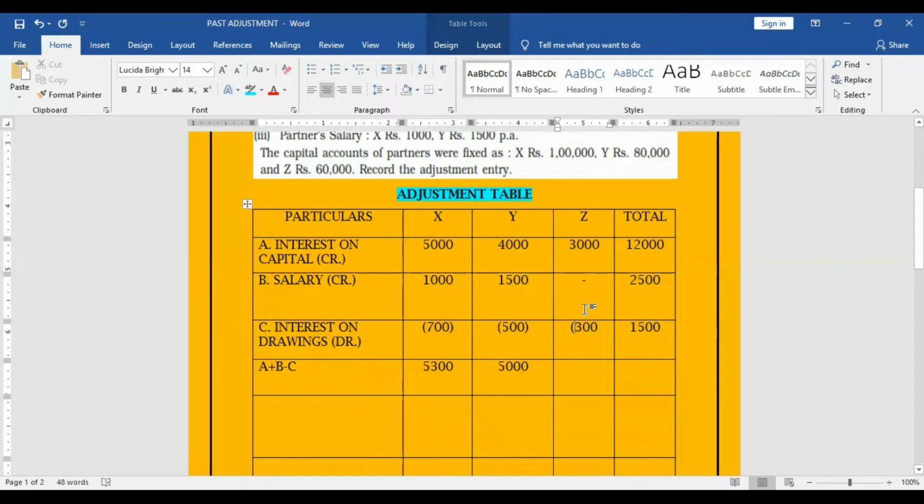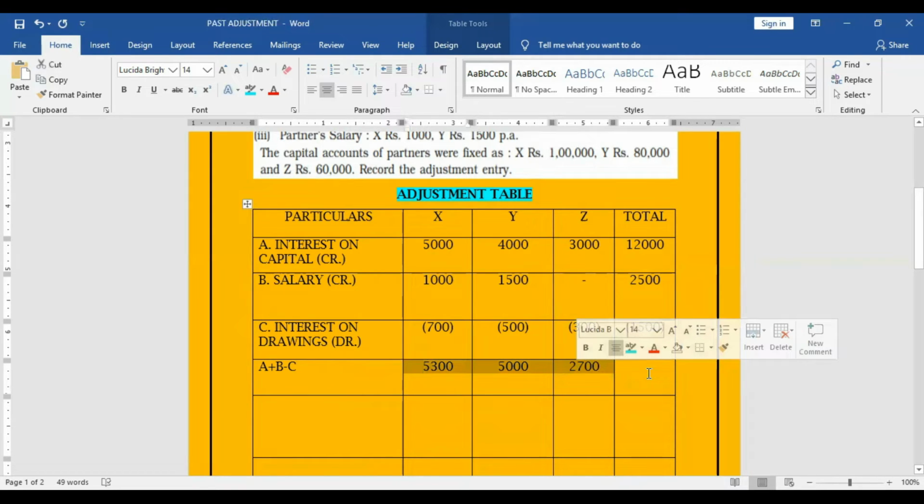From the total credit item, this is the amount we are going to subtract because this is the total debit item, 1500. Now for Z, 3000 minus 300, it is 2700. Now add all this total together.